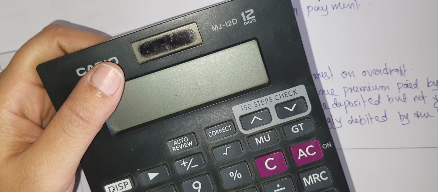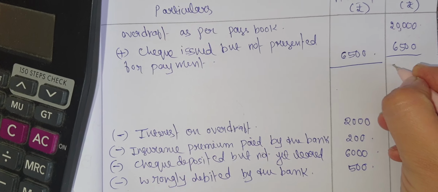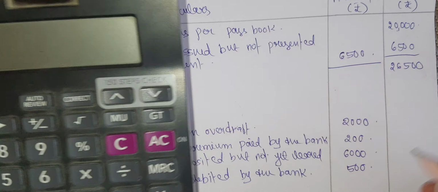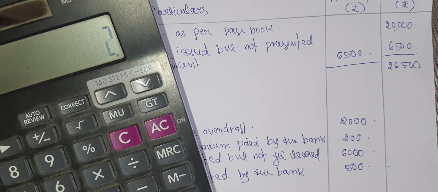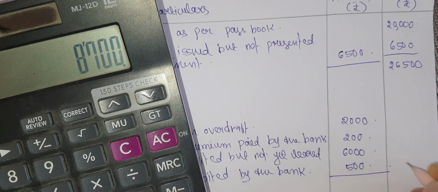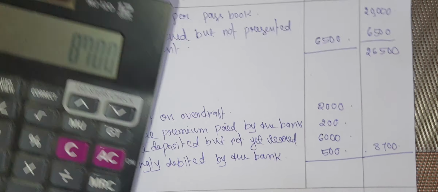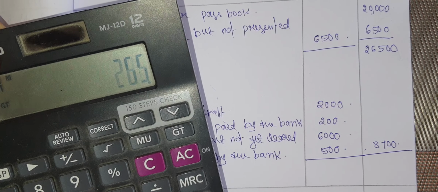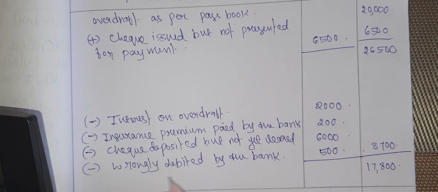Here 6,500, and 26,500. So the total of 2,200 and 6,500 is rupees 8,700. Deduct this from 26,500, that is rupees 17,800.